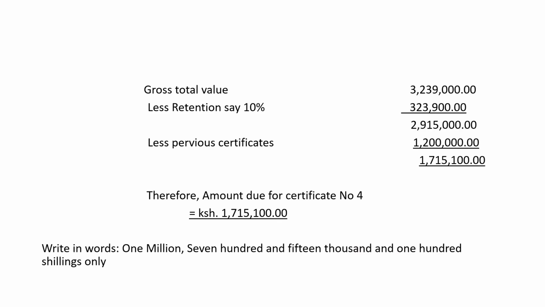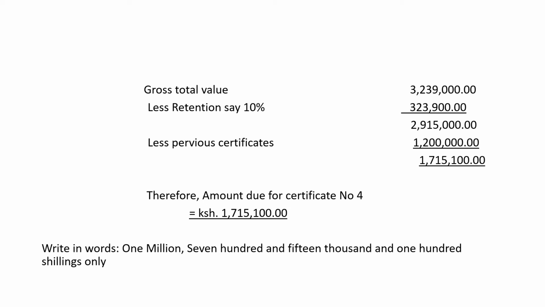So now we find the total of the amount that is due to be paid. So we've seen the amount that is due for every item. So we find the total, which is 3,239,000, and then we less a retention fee. This is the amount that we are going to put aside just in case anything happens to the project.